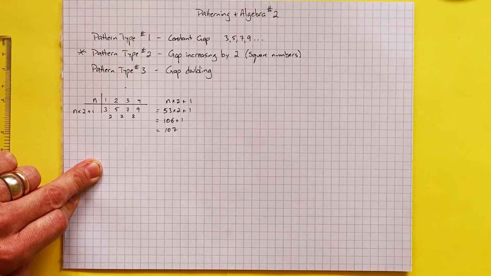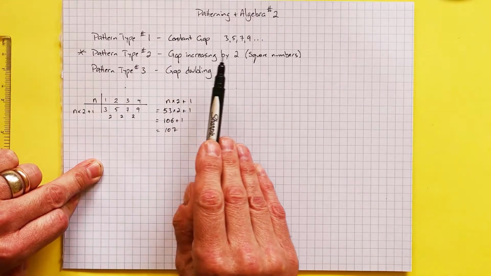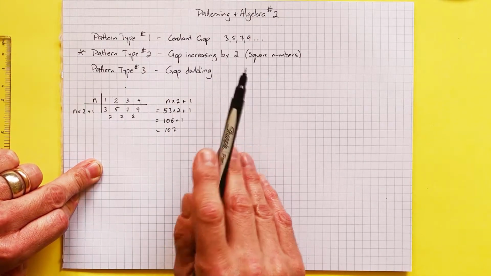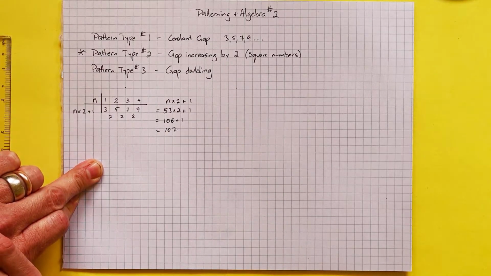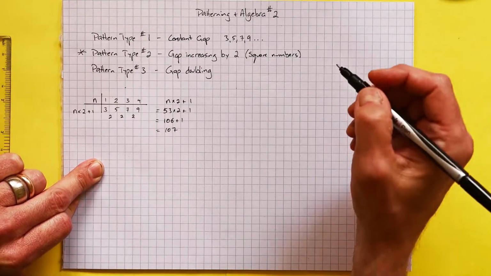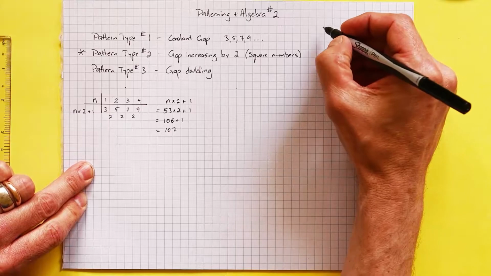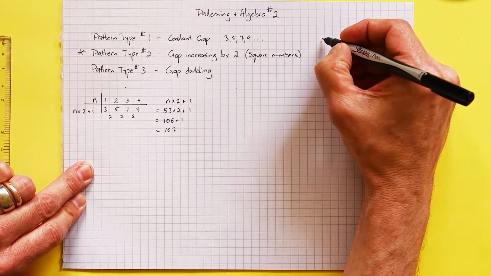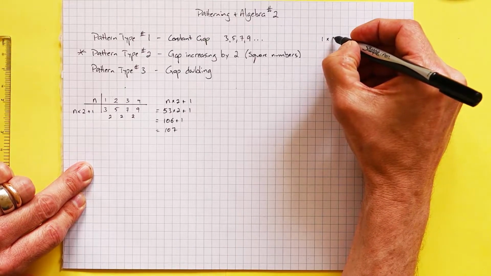Well, this brings us to pattern type number 2. In pattern type number 2, we have a gap that keeps increasing by 2. I want you to take a look at a special set of numbers with me for a moment to see how they work. Think back to the idea of square numbers. With square numbers, we take the counting numbers and multiply them by themselves.